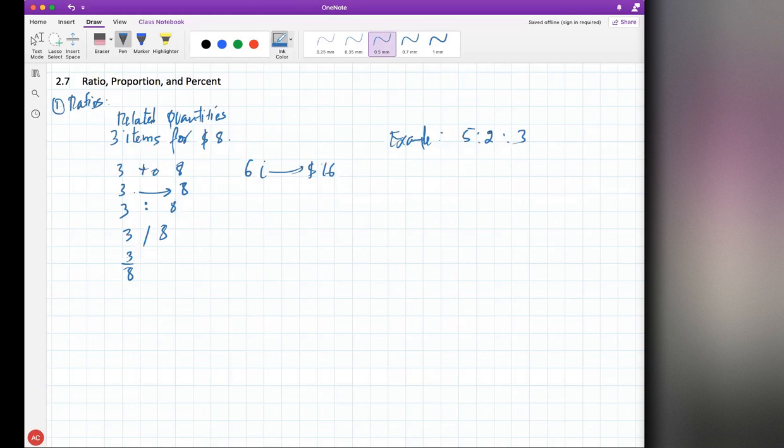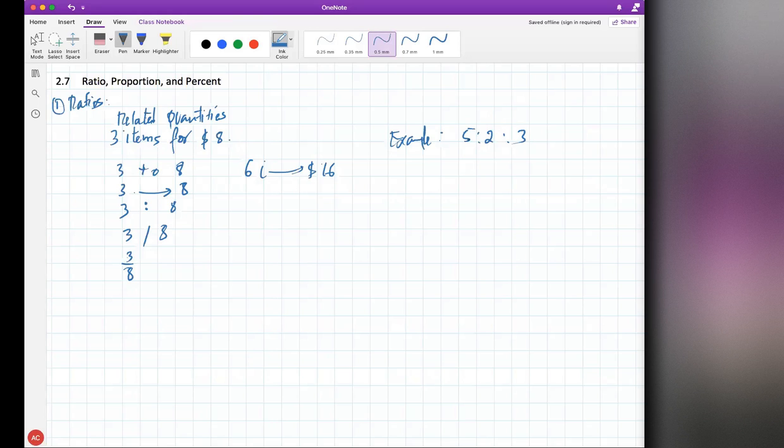So this is the recipe of whatever you're making. So let's say 5 eggs, 2 cups of flour, 3 spoons of water. Just some random ingredients, to make one cake or whatever.